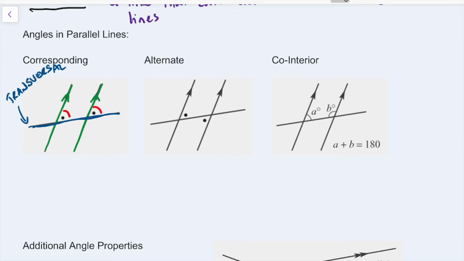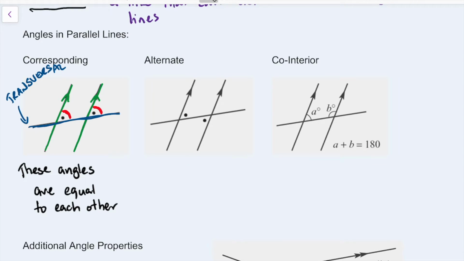You can see it's just under the green over the blue, under the green over the blue, so they correspond to each other. Corresponding angles are equal to each other. So if one of those angles is 63 degrees, the other one will also be 63 degrees.